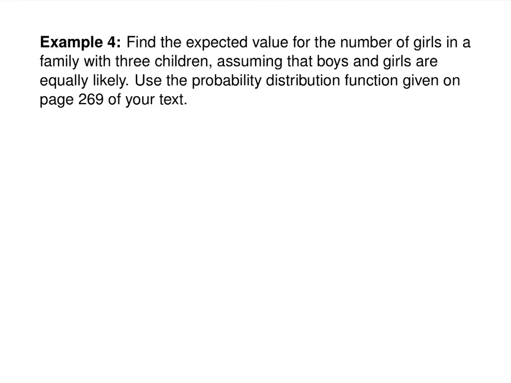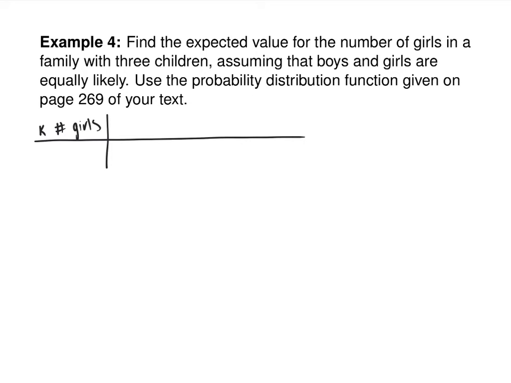Find the expected value for the number of girls in a family with 3 children, assuming that boys and girls are equally likely. Use the probability distribution function given on page 269 of your text. So the first row is the number of possible girls.